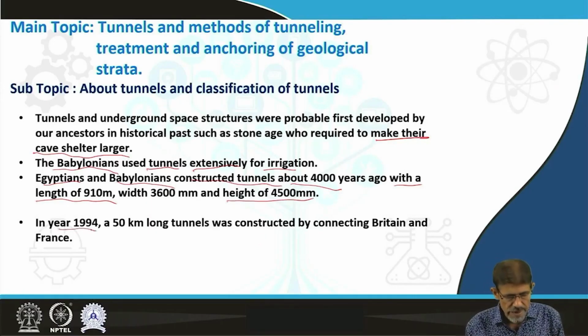In the year 1994, a 50-meter long tunnel was constructed to connect Britain and France, and thereafter a lot of changes and a lot of activities concerned with tunnels were performed in different countries throughout the world.